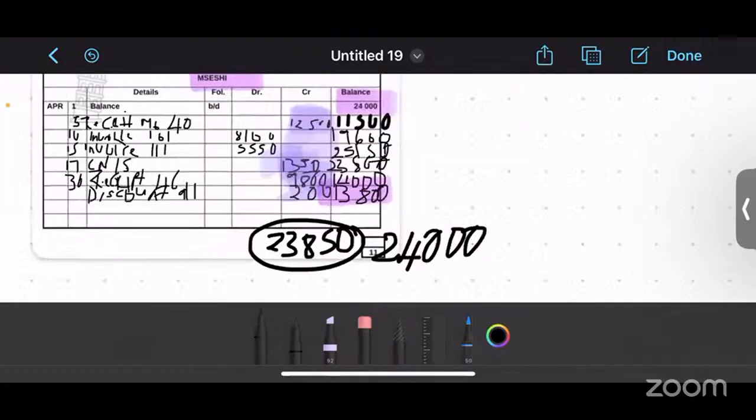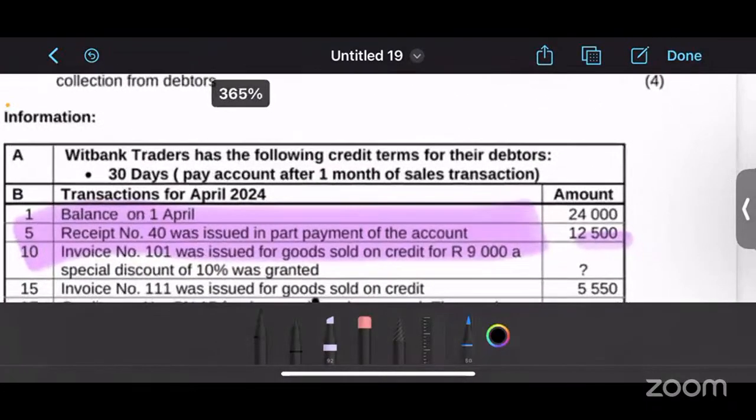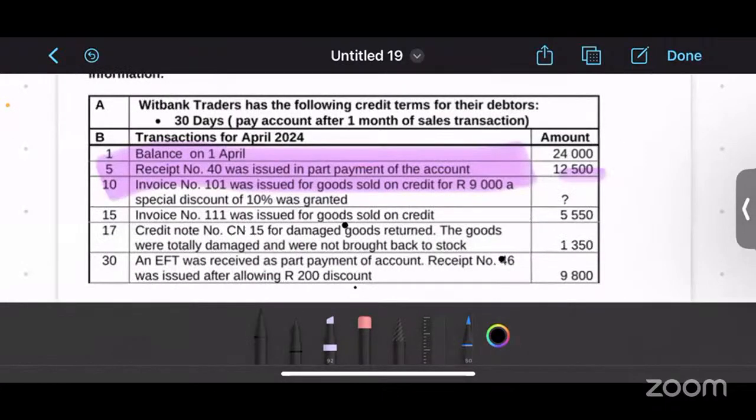Because this is the amount that she was supposed to pay before the month ends. Remember, they said this company has the following credit terms from their debtors: 30 days, pay account after 1 month of the sale transaction. Okay.